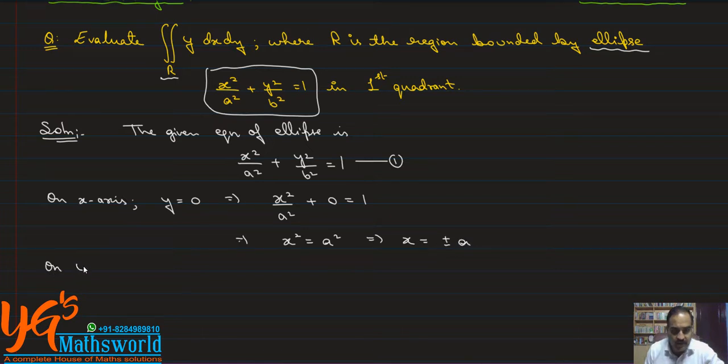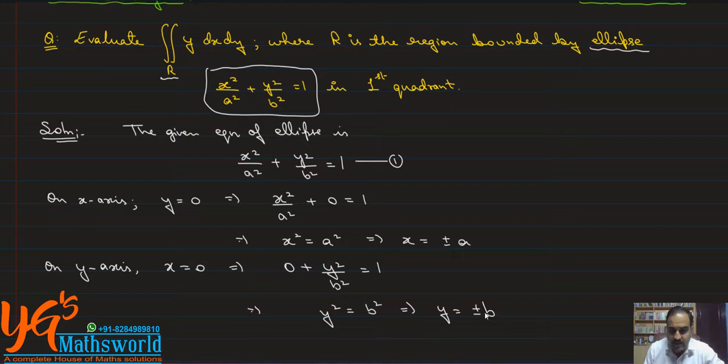And on the y-axis, x is equal to 0. This implies 0 plus y square over b square is equal to 1. That means y square is equal to b square, or we can say y is equal to plus minus b.